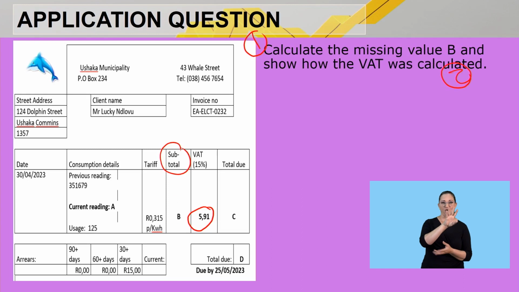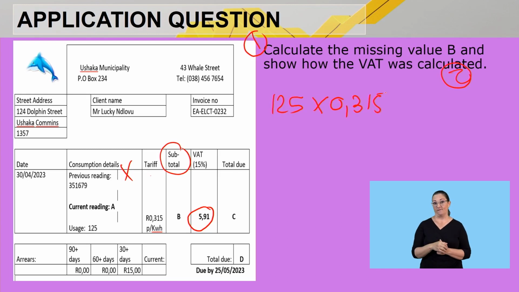The subtotal is the consumption multiplied by the tariff. So what's happening there is we used 125 kilowatt hours times 0.315, because that's the rate, 0.315 rand. It's almost 32 cents.